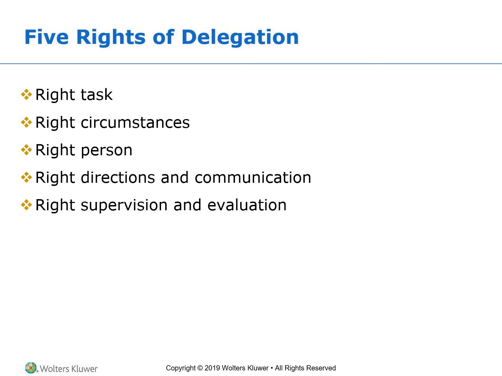The right task, okay? So in order for us to delegate the right task, what does that mean? The right task is a task that falls within the job description of the person you're delegating it to. And there's generally a written policy and procedure that covers that task.